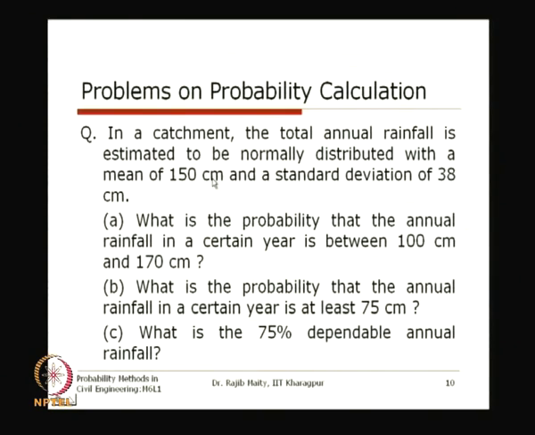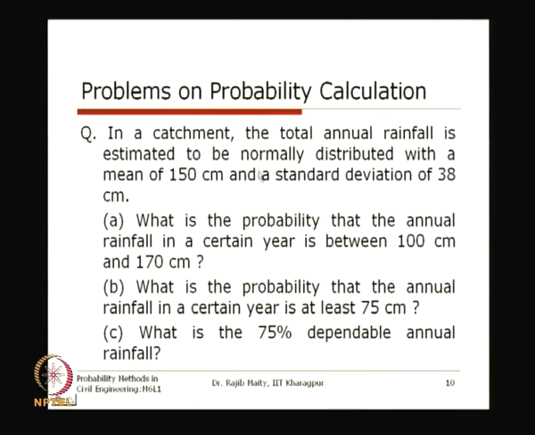So, the first problem: in a catchment, the total annual rainfall is estimated to be normally distributed with a mean of 150 centimeter and a standard deviation of 38 centimeter.